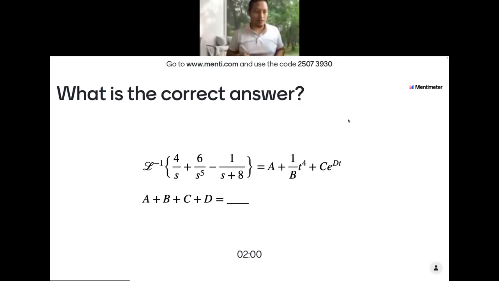Okay, remember the Laplace inverse. You can take your time to check your notes. I give you 2 minutes. I hope that is sufficient. So you need to add A, B, C, and D, all these four letters.